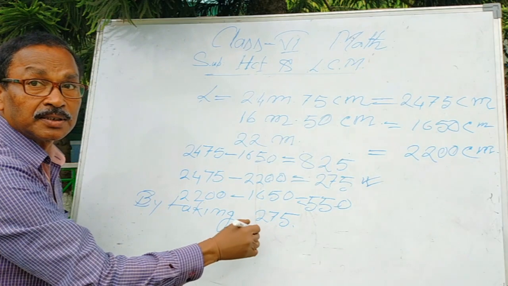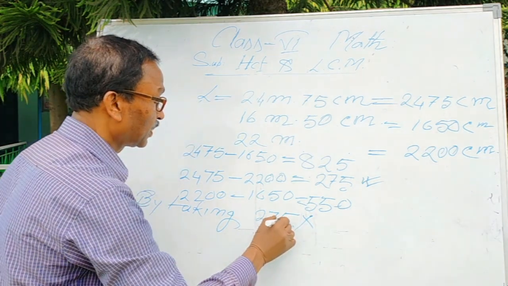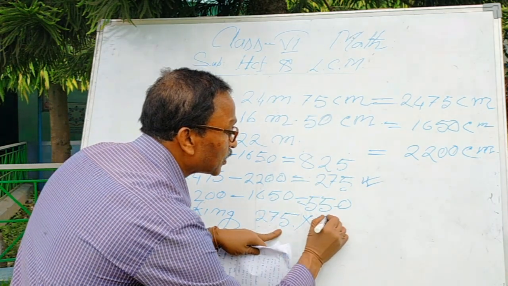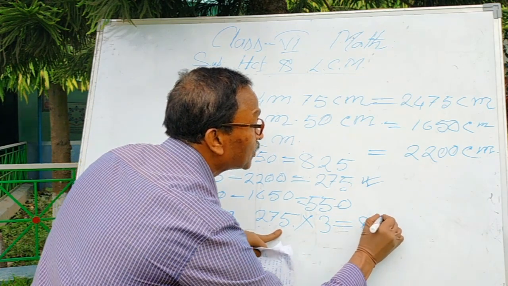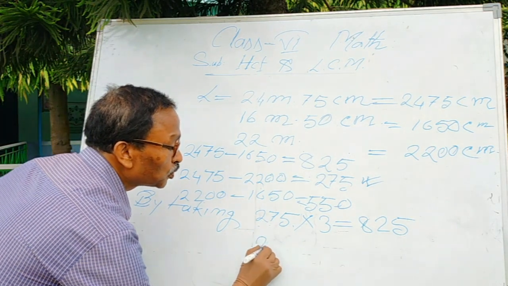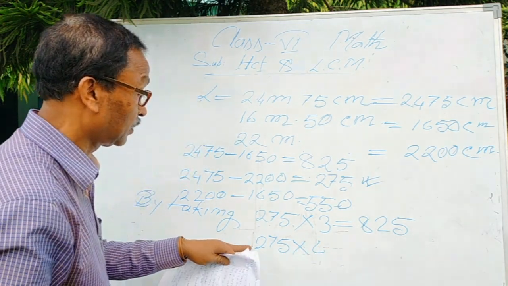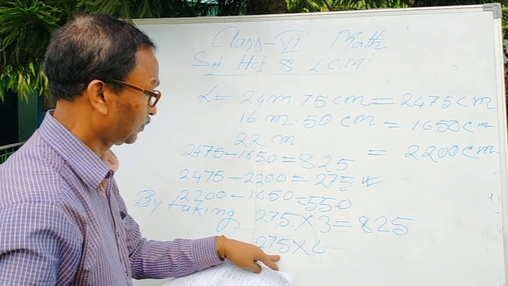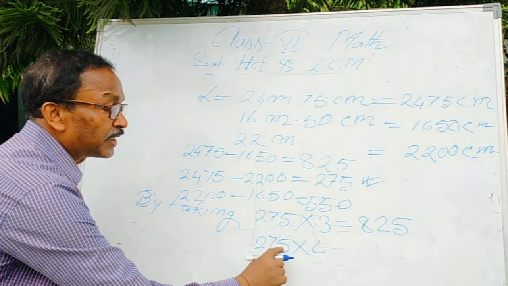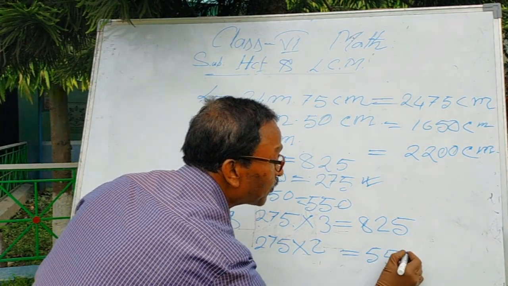825 also will be divisible by 275, because 275 into 3 equals 825, and 275 into 1, and 275 into 2 we get 550.